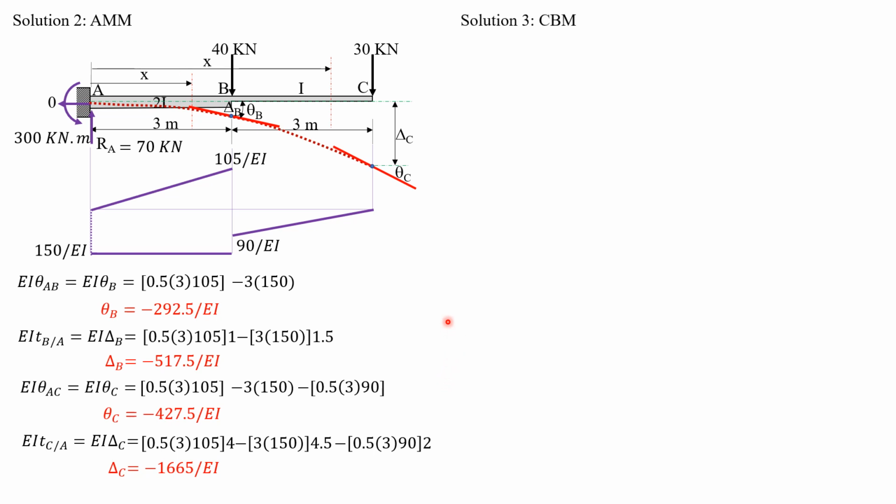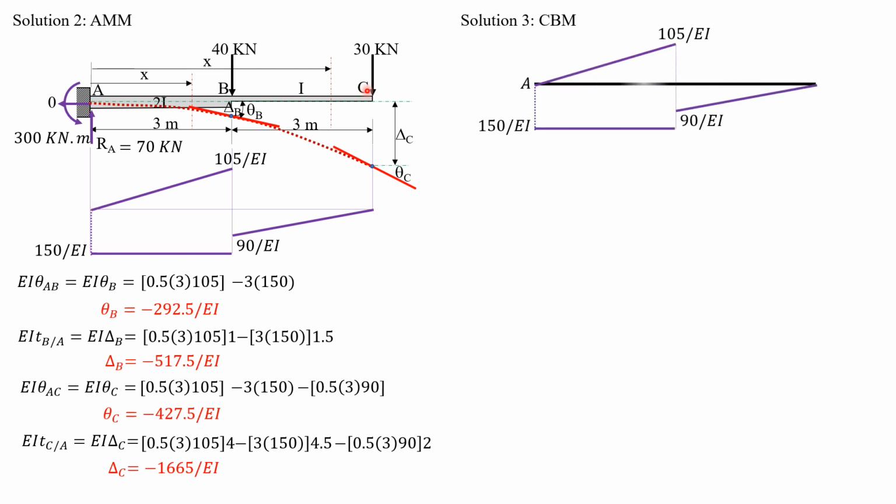Then we proceed to solution number 3, which is by the conjugate beam method. So we use this moment diagram by parts from the area moment theorems, and we just revise the supports. So this fixed end becomes free, and this free end at C becomes fixed. So that's it. Now, by definition, theta is the shear of this conjugate beam.